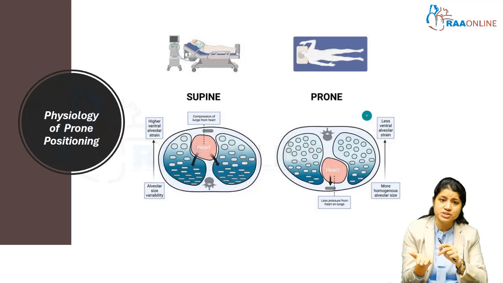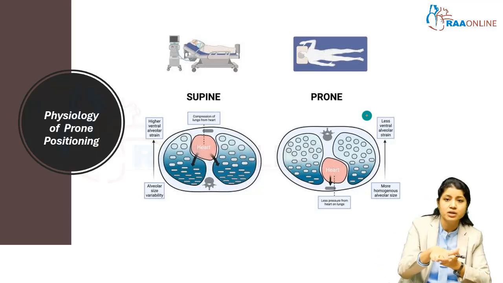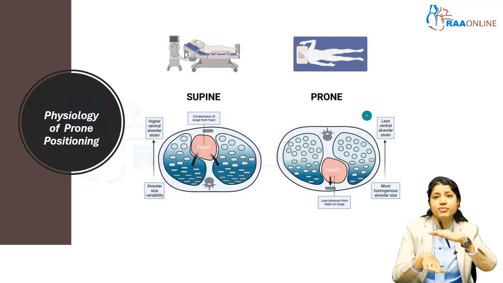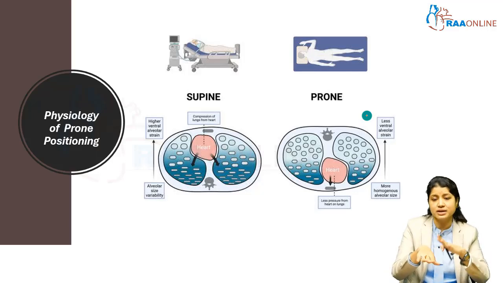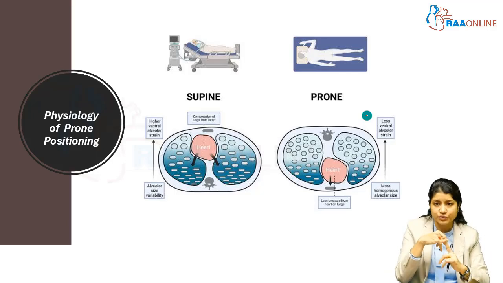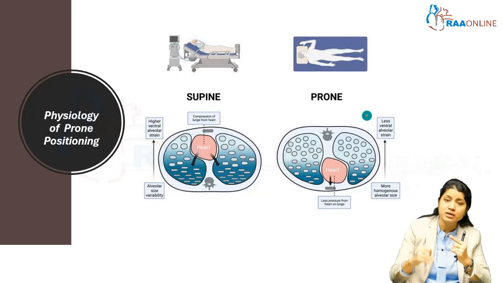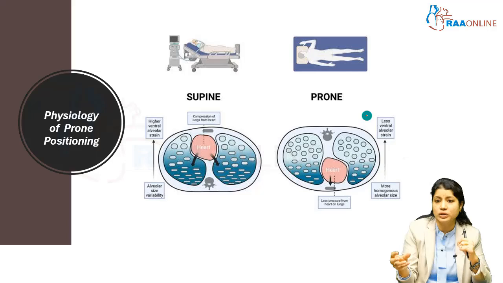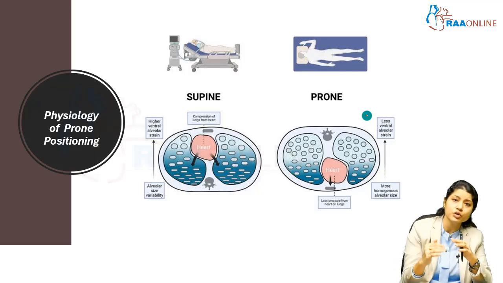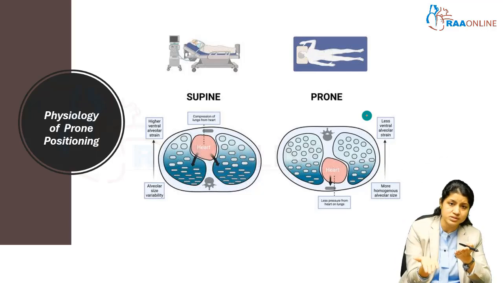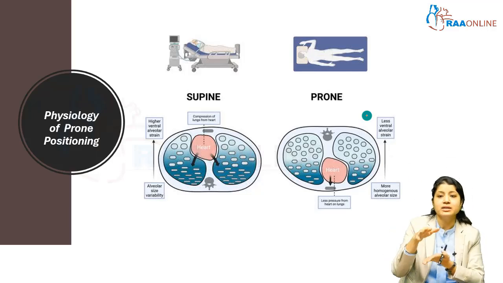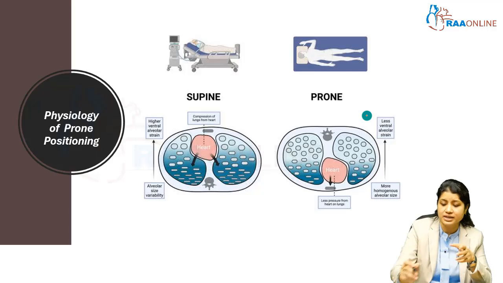So when you prone a patient, this ventilation perfusion mismatch between the dorsal and ventral definitely comes down. There is a decrease in the pressure which is superimposed by the heart on the lung, and hence, because the dorsal part of the lung is not being compressed with the ventral alveoli, there is a more homogeneous alveolar size on both sides.